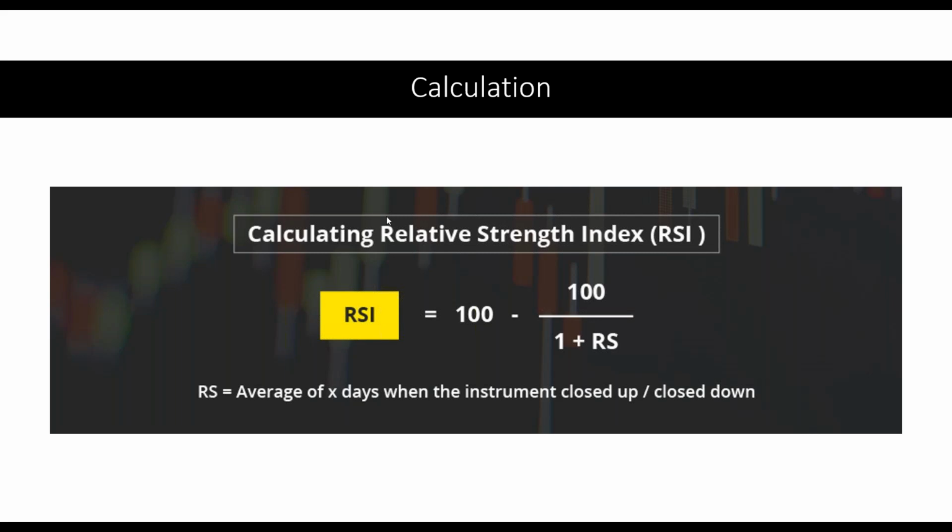And RS is the average of the days when the instrument closed up or down. Okay. So you'll only have to understand this once, and I have a little presentation that'll show you in 20 seconds exactly how this is done. And then you never have to understand or do this calculation again, because all the charts automatically drop it on there for you, pre-calculated and ready to go.